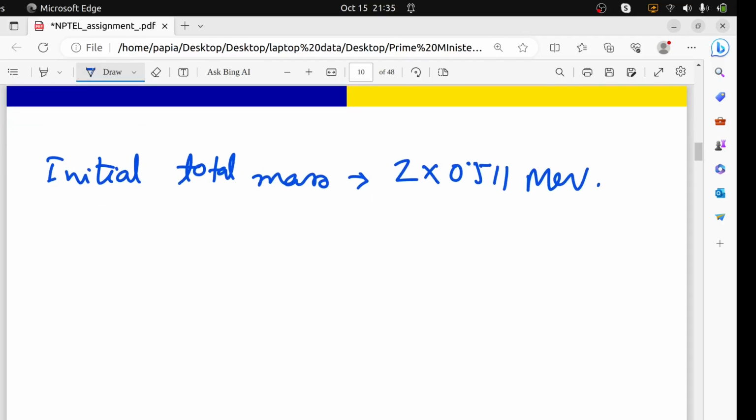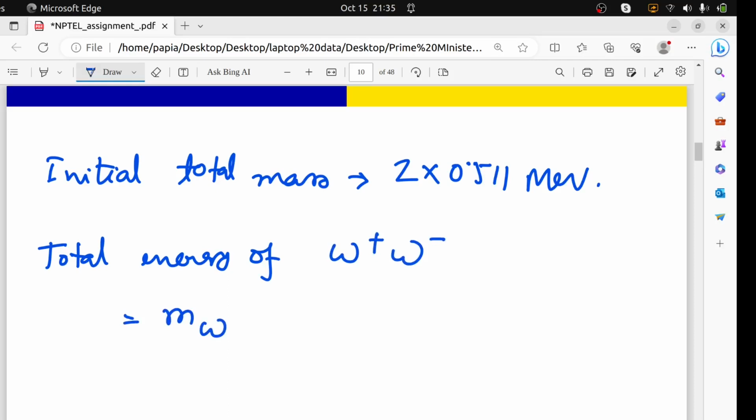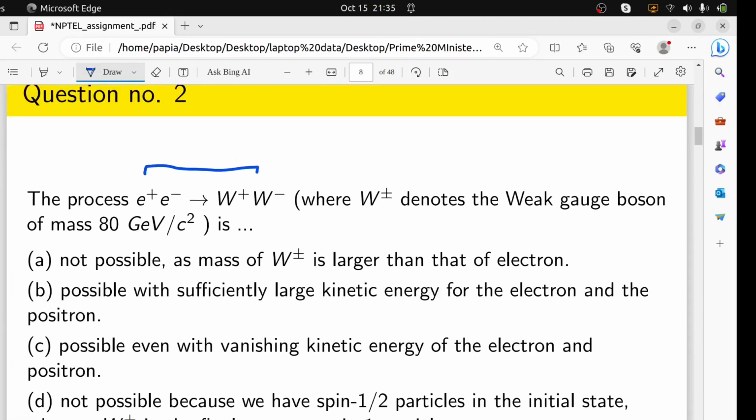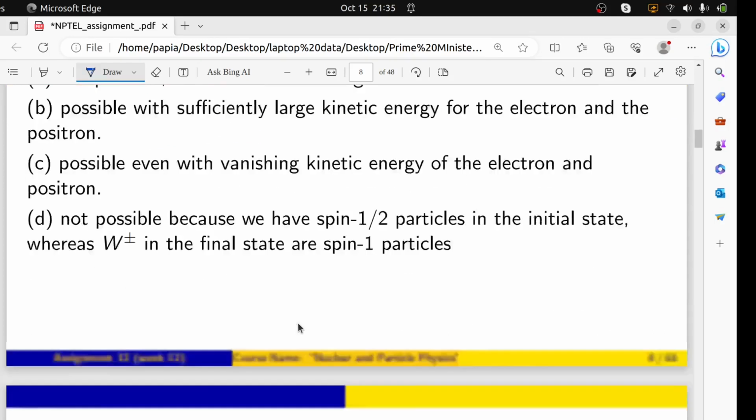Now coming to the final total mass. We are assuming that the final particles are also at rest. So the total energy of W+ and W- will be similarly mW+ plus mW-. It is already given here that the mass of the weak gauge boson is 80 GeV/c².